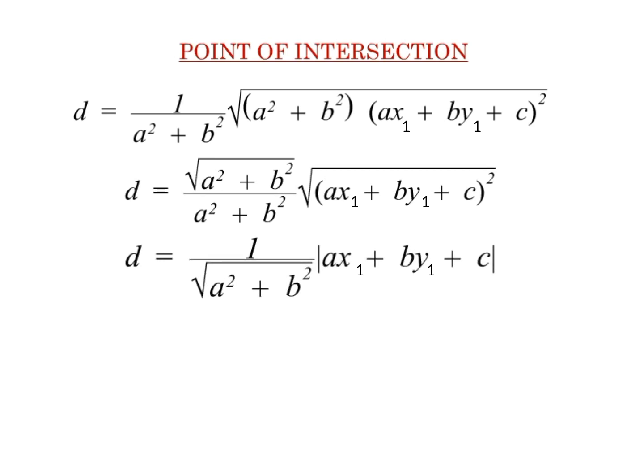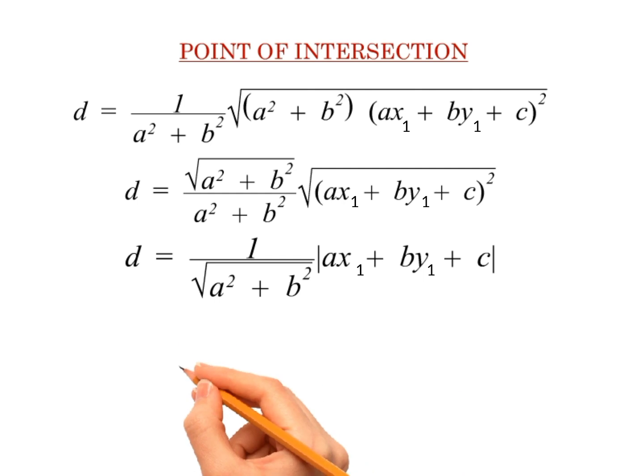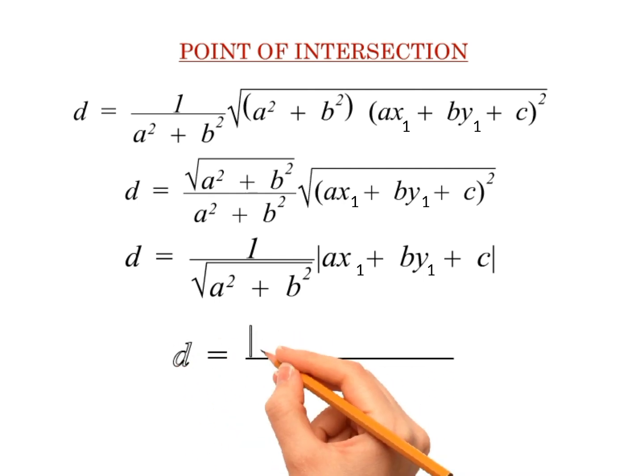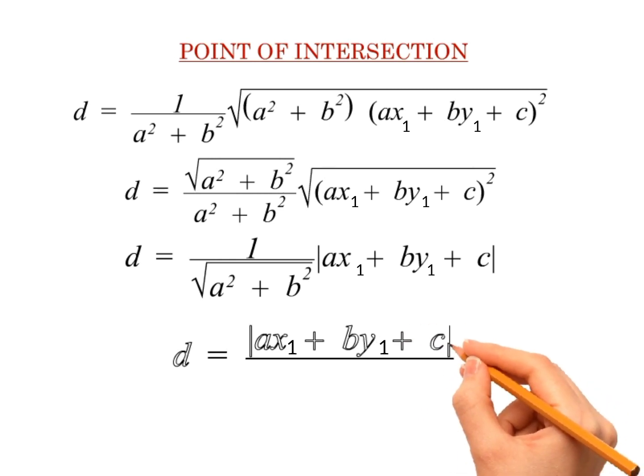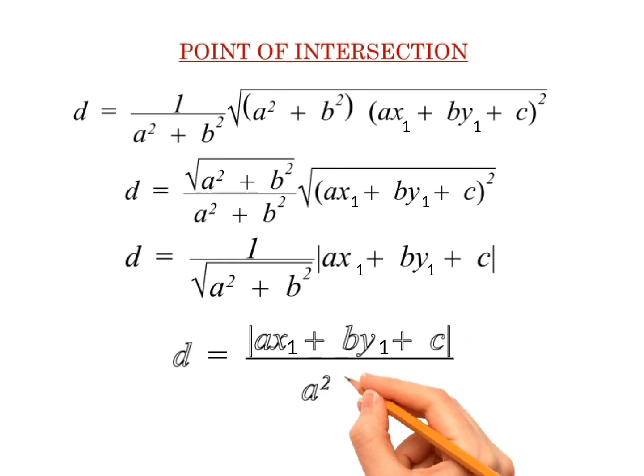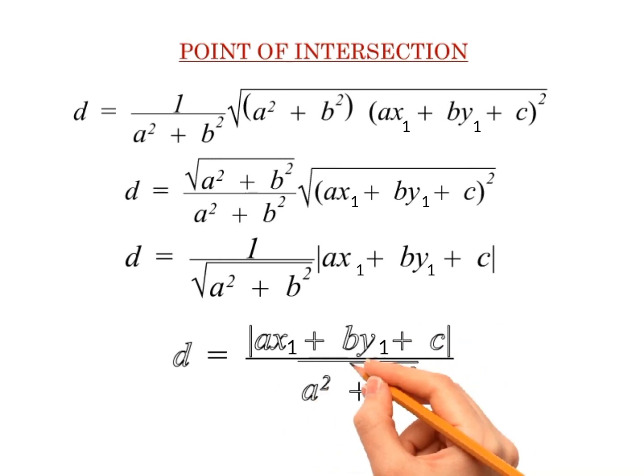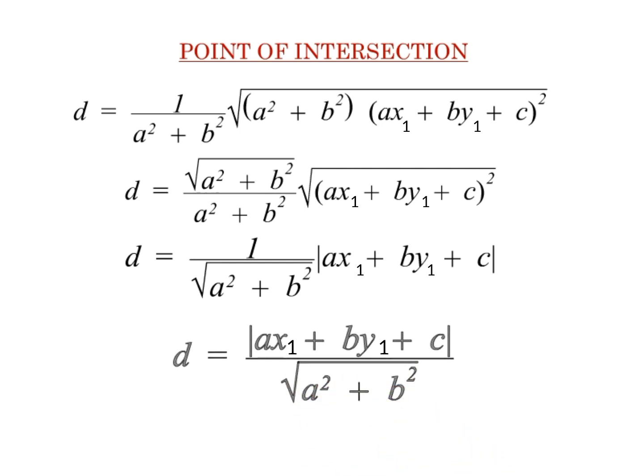So, after the simplification, we see that distance d is equal to the absolute value of ax1 plus by1 plus c, over the square root of a square plus b square. This is the expected result.